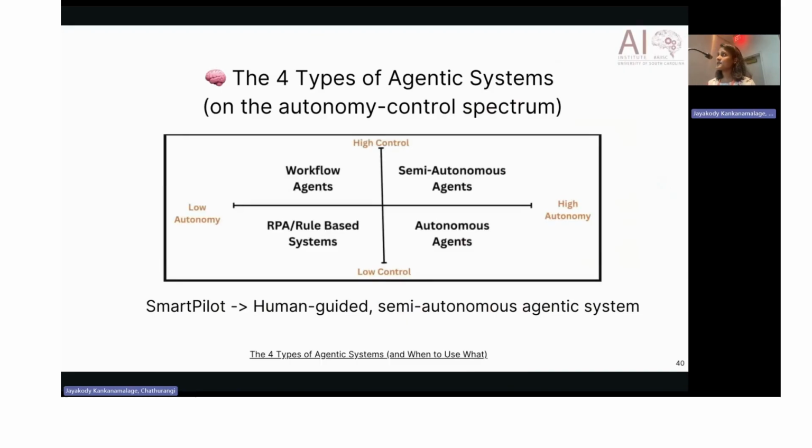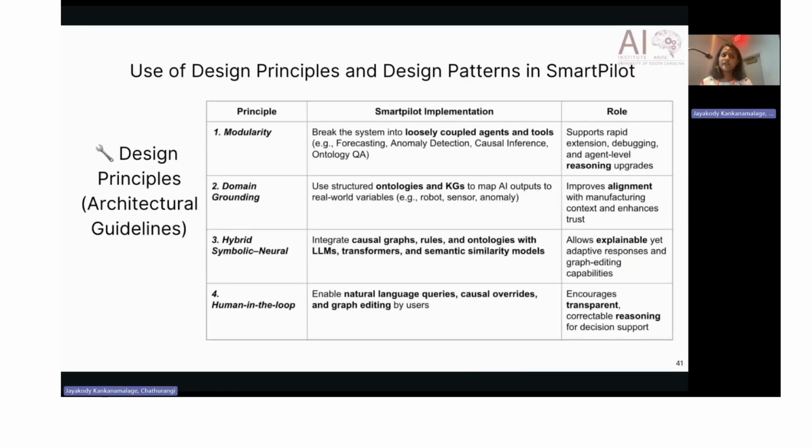So SmartPilot is a human-guided and semi-autonomic agentic system. So when we are doing the demo, you can see how it works and how it performs with the user queries. And then let's see how we have used design patterns and CoPilot design principles in SmartPilot.